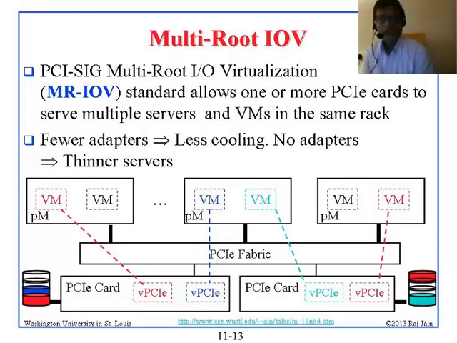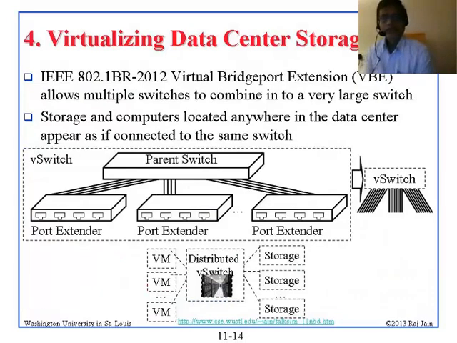All right. And then if the data was not in the same rack, then Ethernet comes to help by the bridge port extension, where everything basically is within one logical hop. And so storage could be anywhere, and it will appear local, although in this case the data will move.